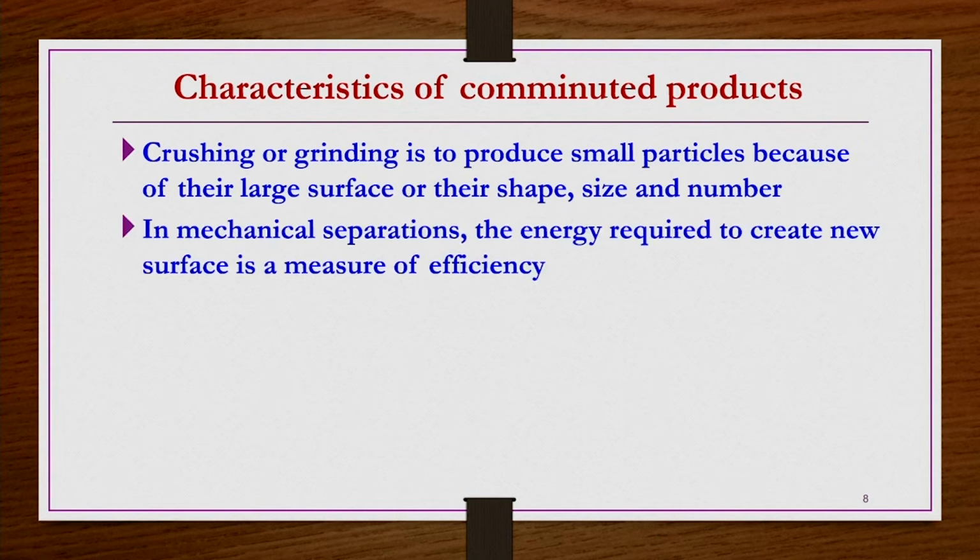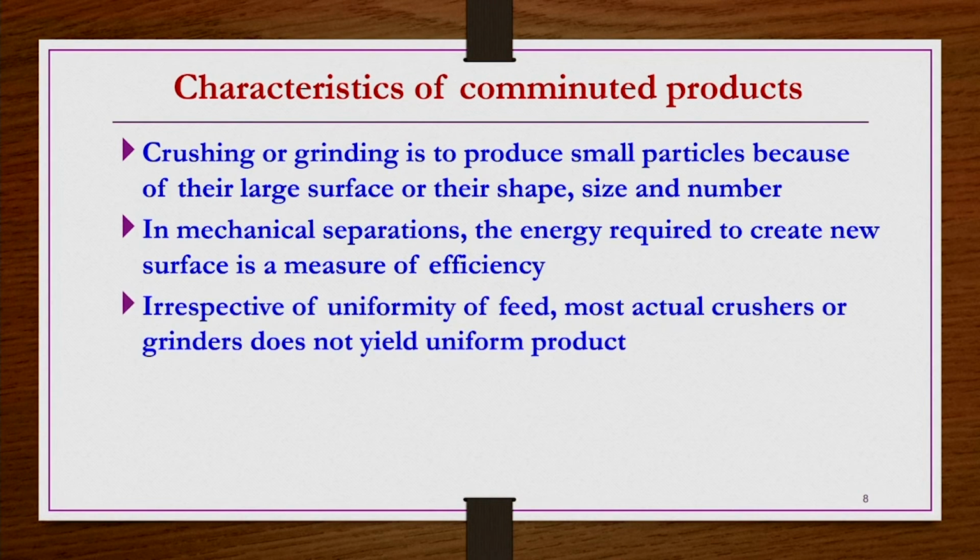In mechanical separations, the energy required to create new surfaces is a measure of efficiency. How much power you supplied for a given size reduction operation, and how much is consumed by the particles for the creation of new surfaces, is a measure of efficiency of the given process. Those things we are going to see in calculations anyway.